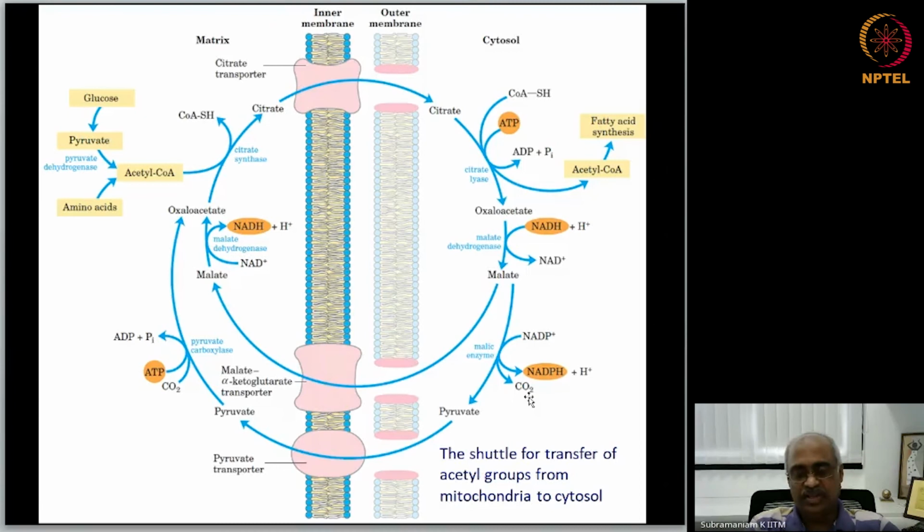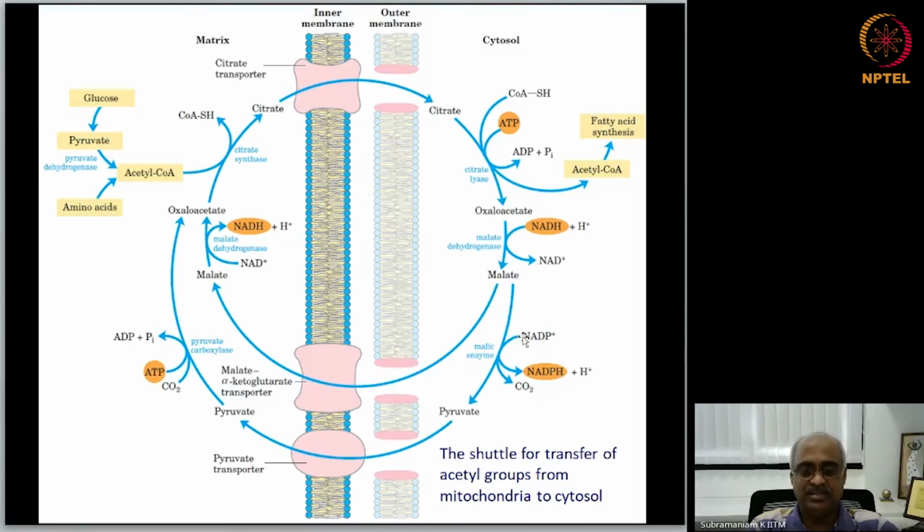One I showed you was the HMP shunt, also known as the pentose phosphate pathway, that produces NADPH, and another source is this malate being converted into pyruvate by malic enzyme.